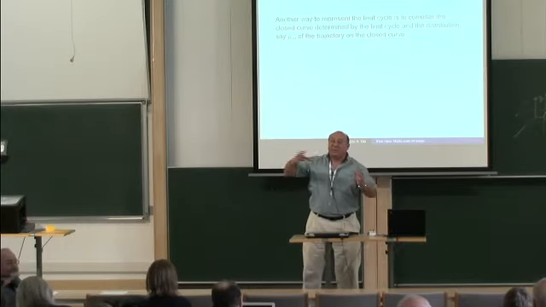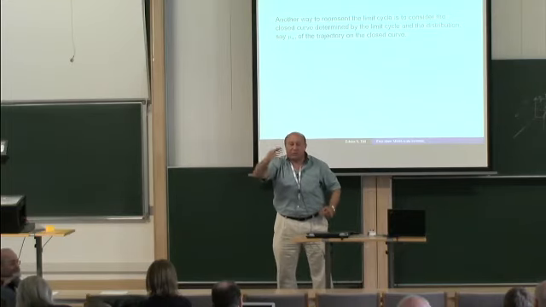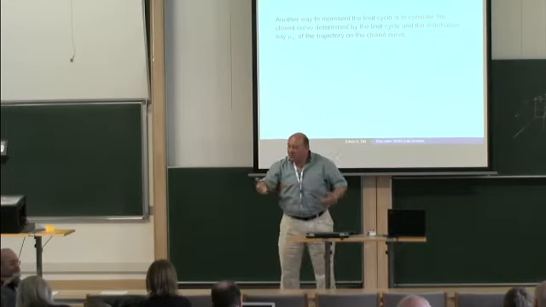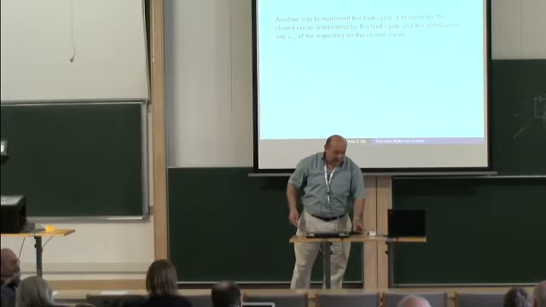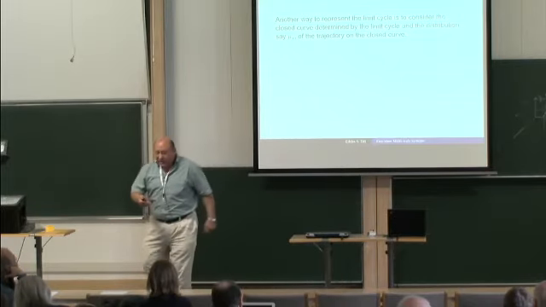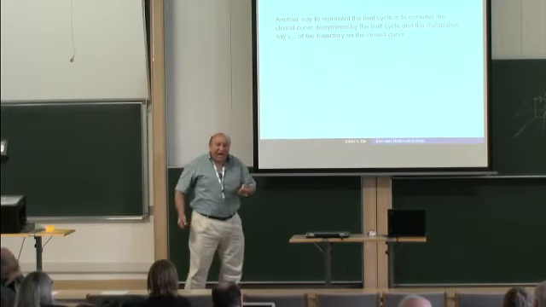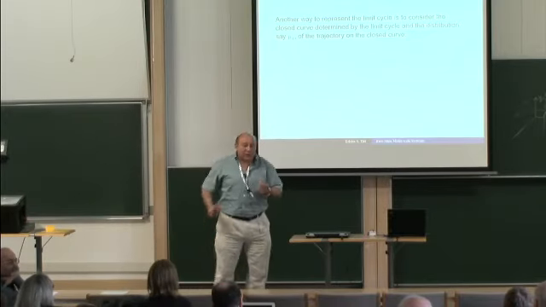Telling me that the limit is the tube is fine, but I need to know how much time I'm spending on the upper part and on the lower part of the tube, because I have some implications for that. So a different way to represent the limit cycle with the dynamics is through a measure. For every fixed x, I have a measure which is supported on the limit cycle.